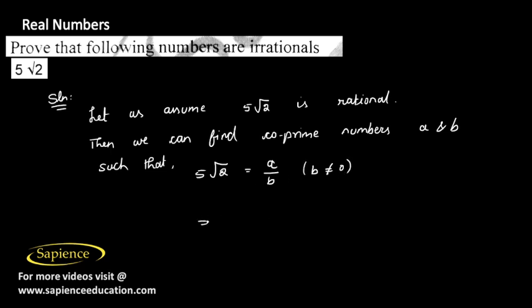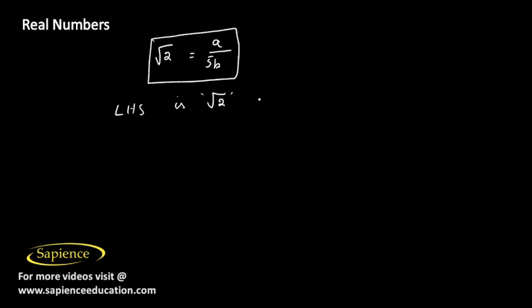Now this equation can be written as root 2 is equal to a by 5b. So we got root 2 as a by 5b. Here the left hand side is root 2, which is irrational.